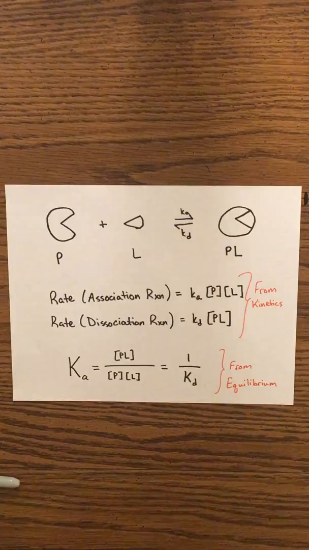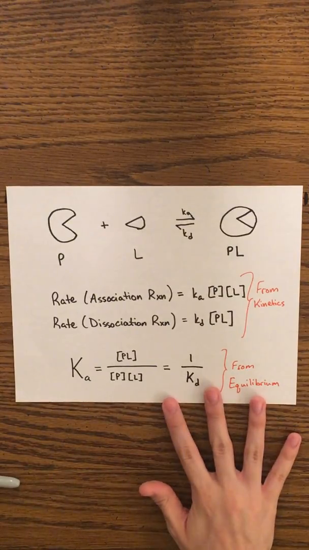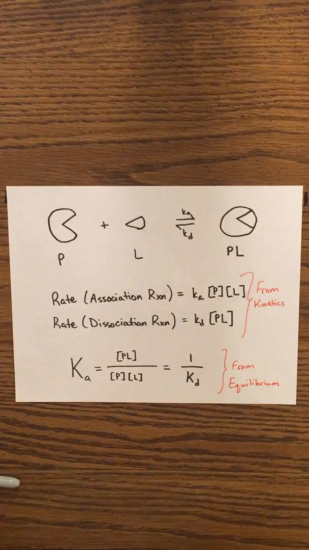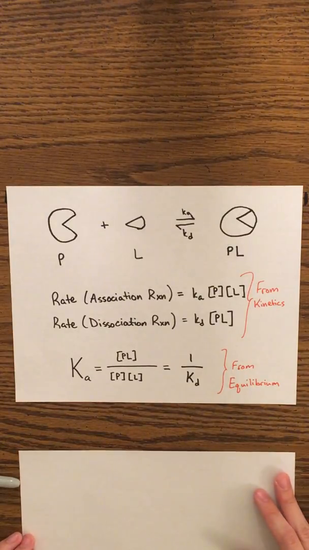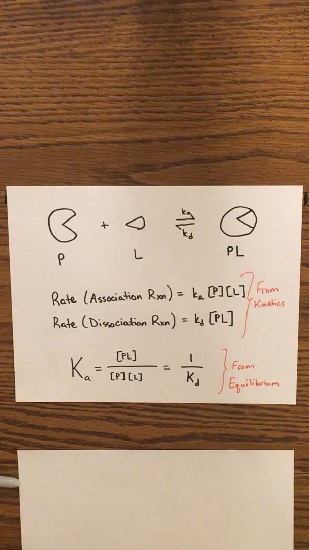So, why is this useful? How does this get applied into the sort of biochemist's toolkit? Well, one thing that's really useful in knowing is if we have a certain amount of protein and a certain amount of ligand sitting in a cell, it's useful to know how much of that protein is bound to the ligand, right?